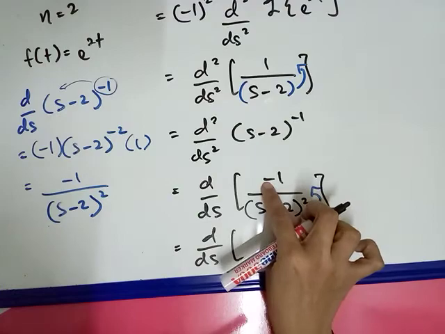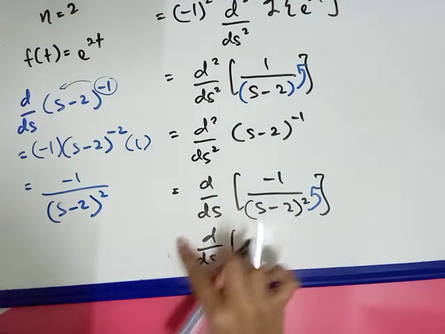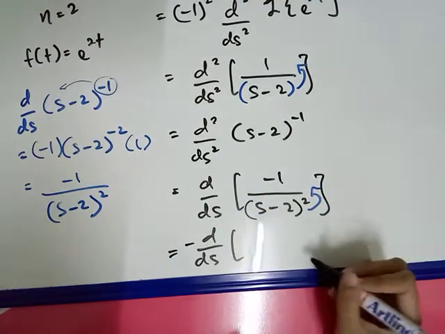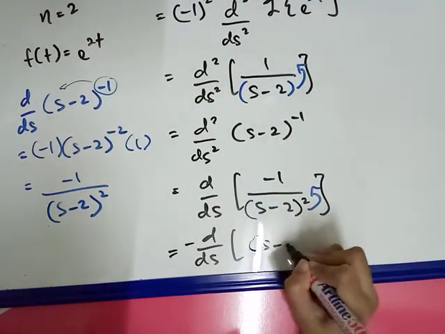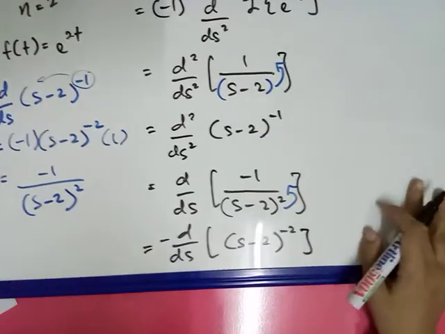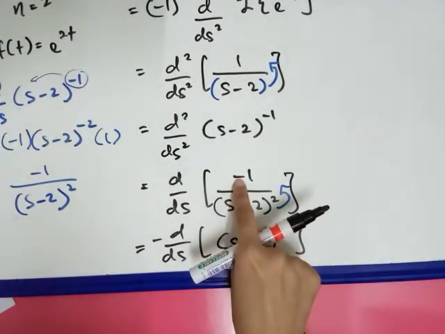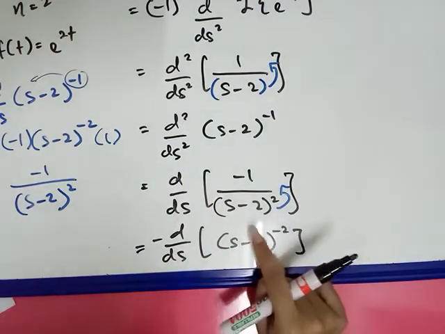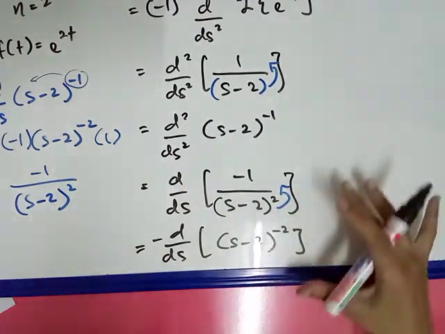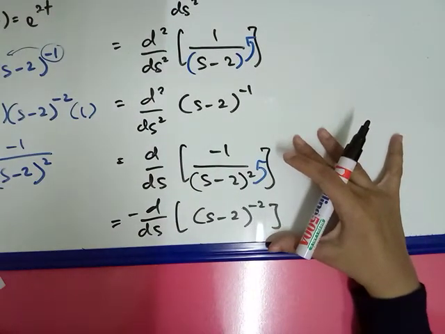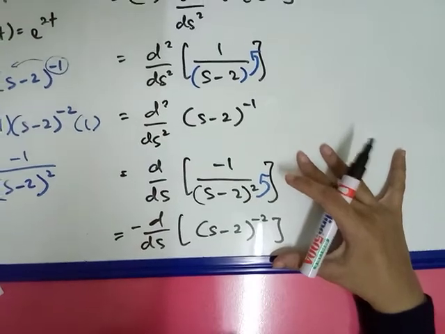Okay, take out the negative, so it will become s minus 2 power -2. Take out the negative so that it is easier for you to differentiate. Do you see?